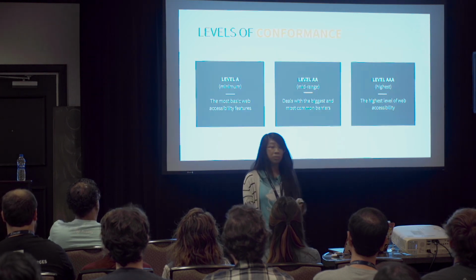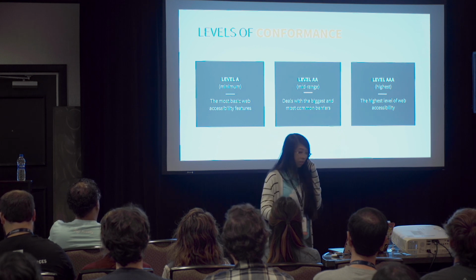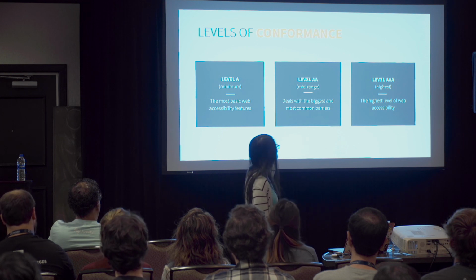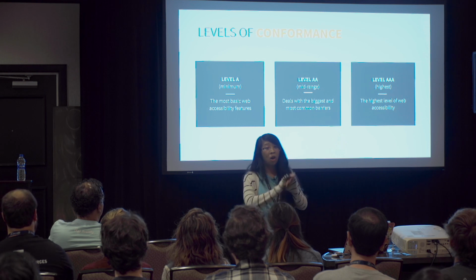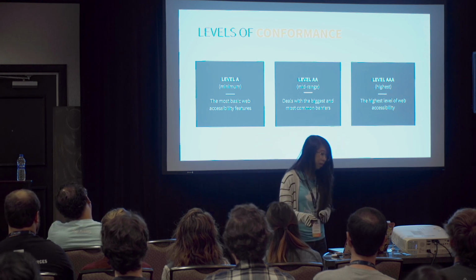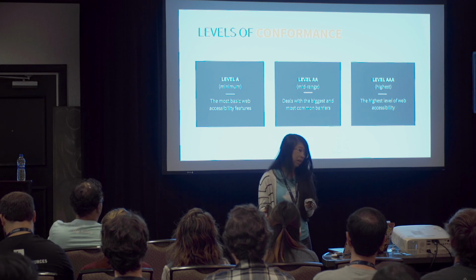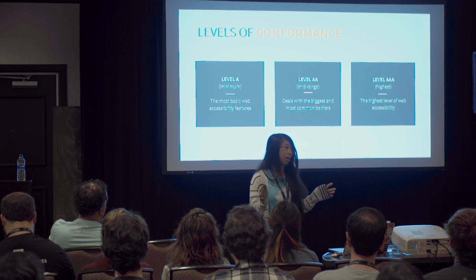So these testable success criteria, they come in 3 levels. As I had mentioned, we are aiming for level AA. Level A is considered the bare minimum, like all websites should abide by that. Level AA is the mid-range, and that deals with most barriers. And level AAA is kind of like the gold standard. That's the highest level.